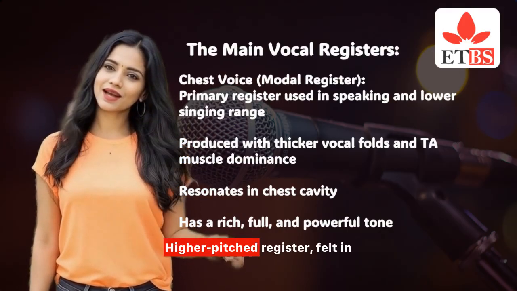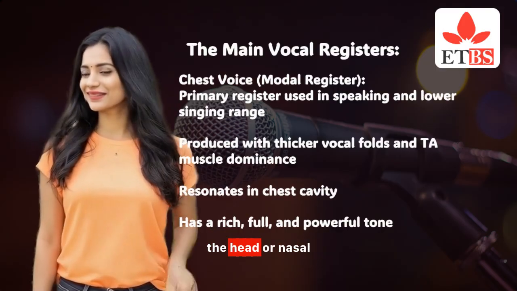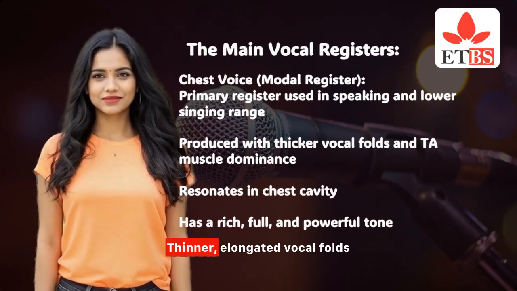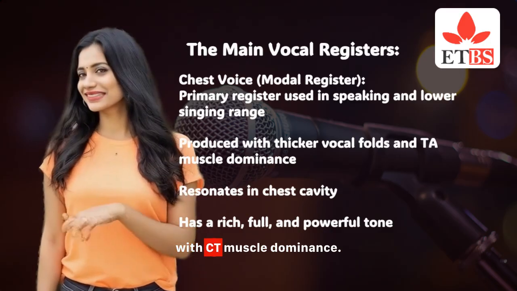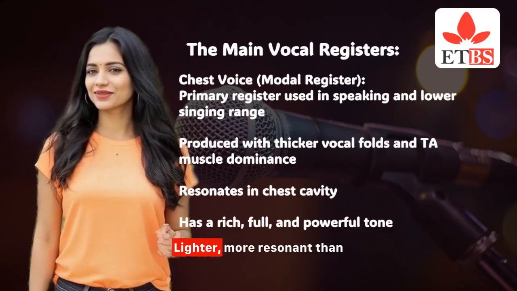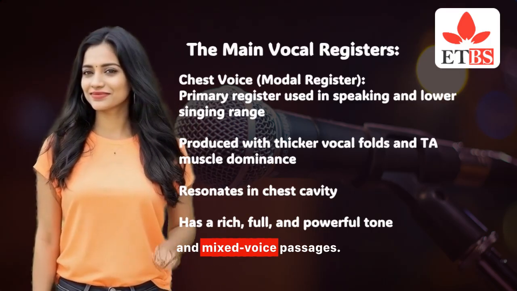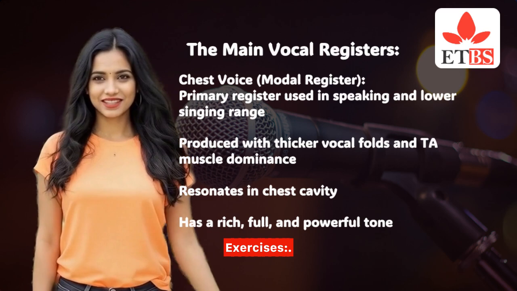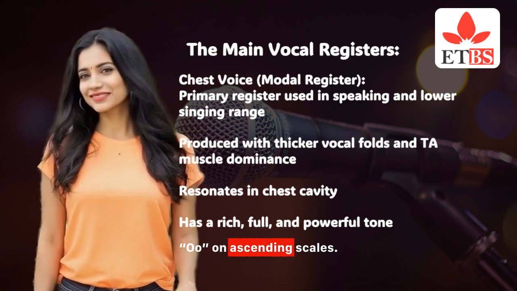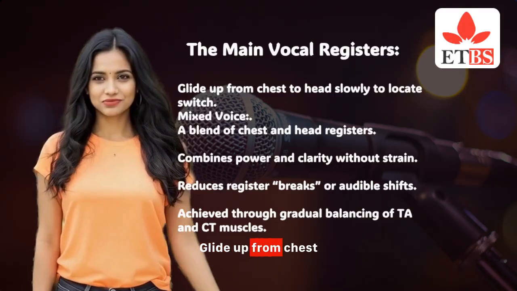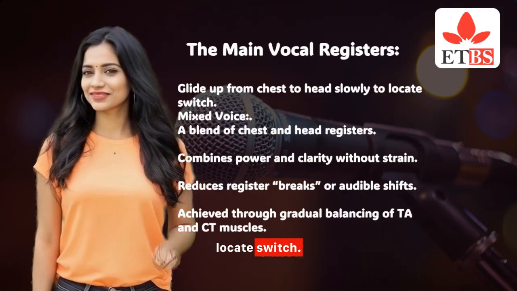Head voice, a higher pitched register, felt in the head or nasal mask. Thinner, elongated vocal folds with CT muscle dominance. Lighter, more resonant than chest. Common in classical, pop, and mixed voice passages. Exercises: ascending scales. Glide up from chest to head slowly to locate the switch.